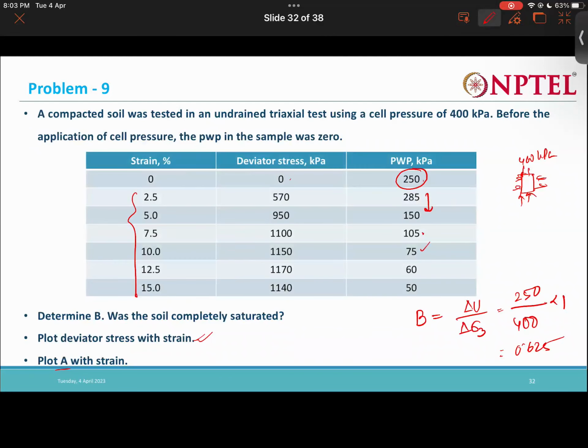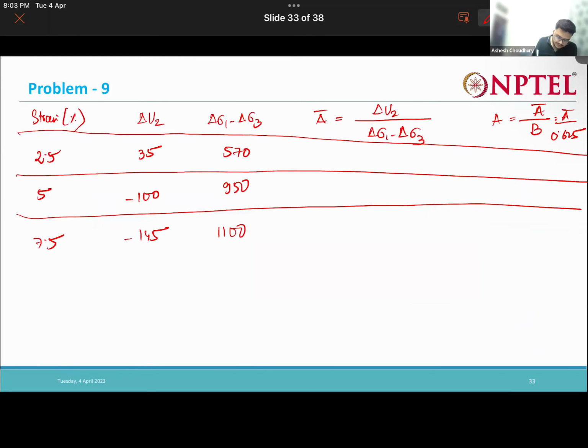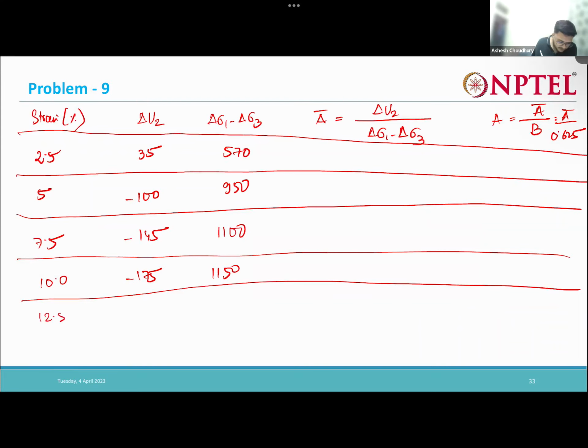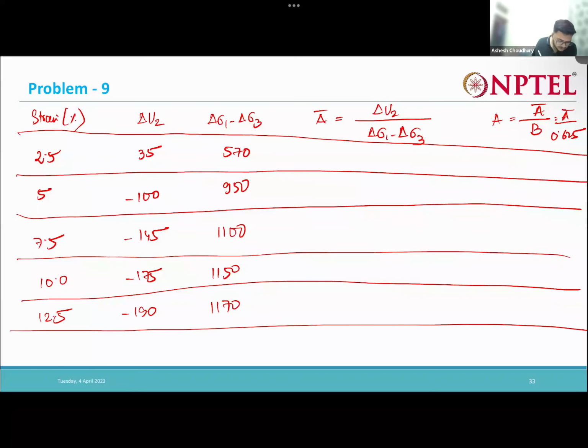It's given. Then 250 to 75, we have minus 175. Then 10, 1250. Then same for 12.5, we have minus 190.